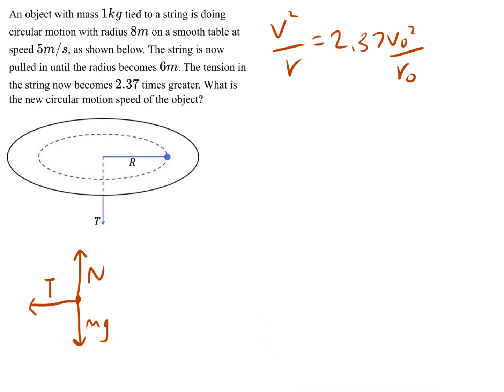Alright, so now we just need to solve this equation for the final velocity, the new circular motion speed. We can just multiply both sides by the final radius and square root it.